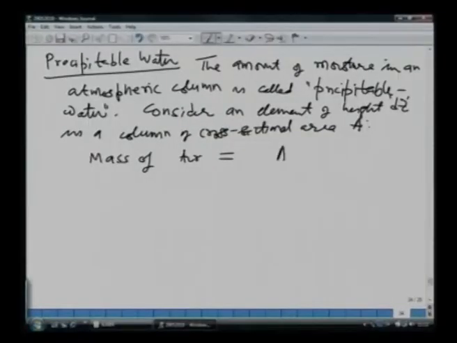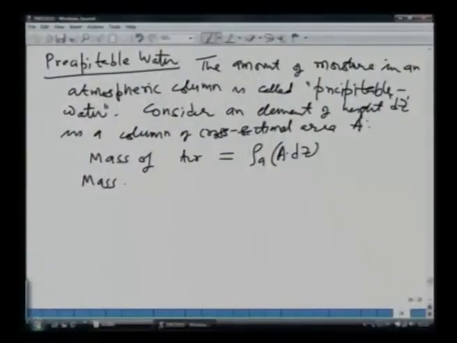So, what is the volume? Area is A, height is dz. So, that is the volume of that strip, and if you multiply it by the density of the air, that will be the mass of the air. Once we have the mass of the air, what will be the mass of water or moisture in that column?